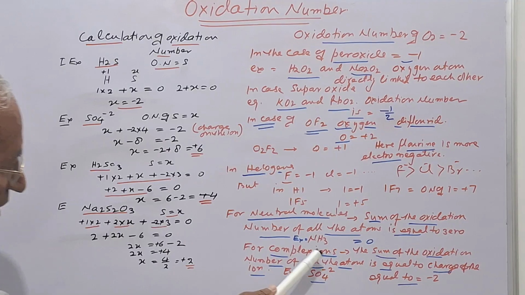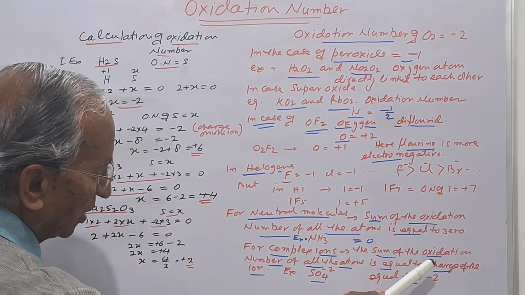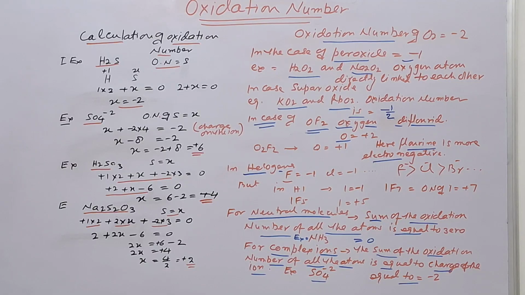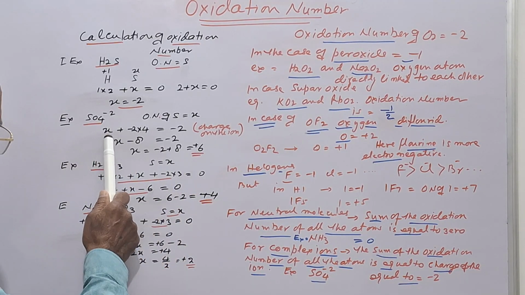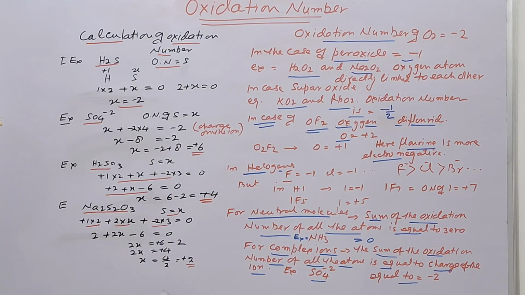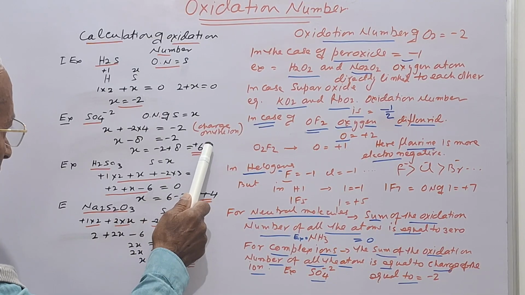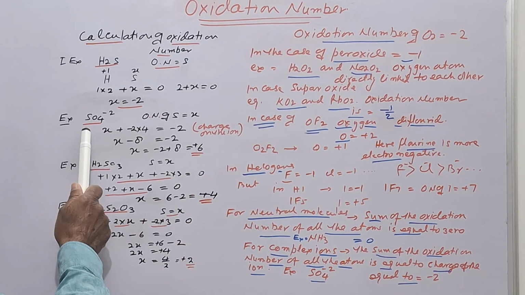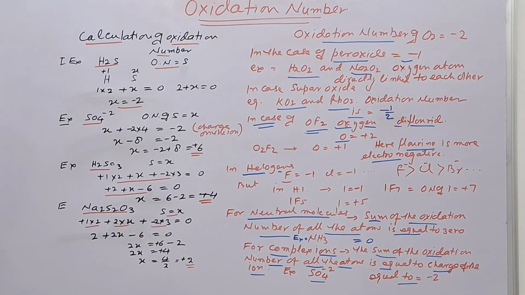Here listen, for a complex ion, the sum of the oxidation numbers of all the atoms is equal to the charge of the ion. Here the charge of the ion is -2. So the equation is X minus 8 is equal to -2. So X is equal to -2 plus 8, that is +6. So here the oxidation number of this sulfur is +6.